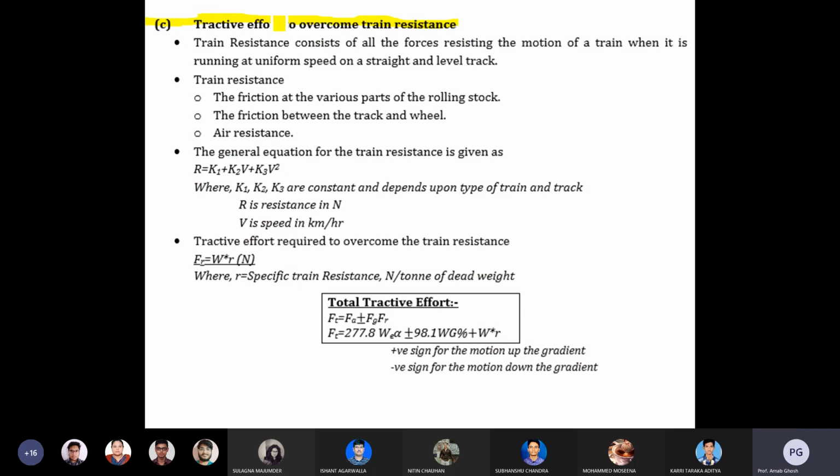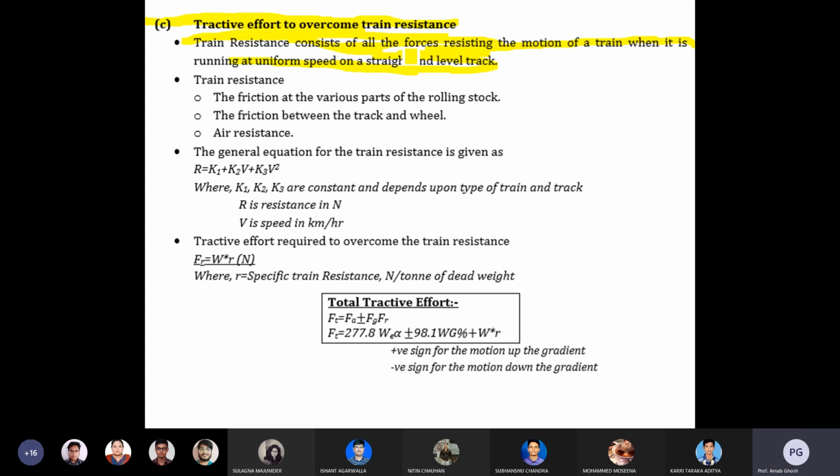And finally, the tractive effort to overcome the train resistance. What is the formula? The train resistance consists of all the forces resisting the motion of the train when it is running at uniform speed on a straight and level track. So overcoming the train resistance means straight running conditions at constant speed.